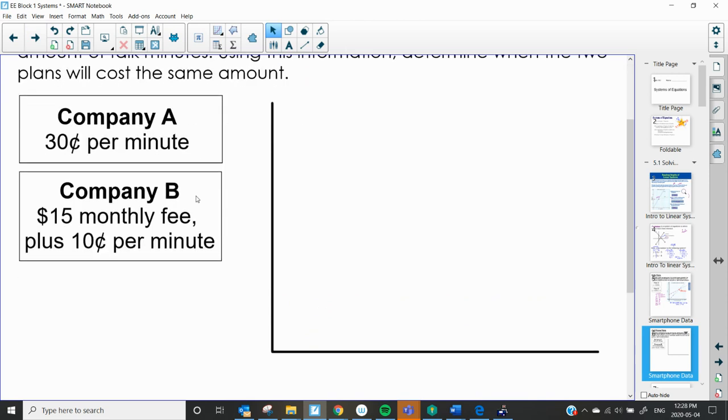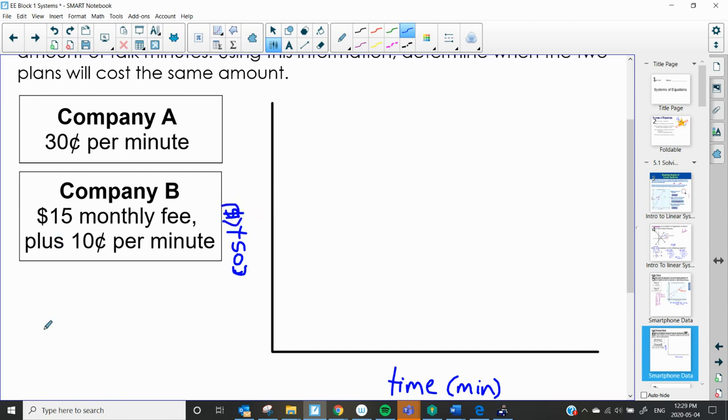Company A is charging 30 cents per minute. And so if we think about our independent and dependent variables, our independent variable is going to be time in minutes. And our dependent variable is going to be cost in dollars.